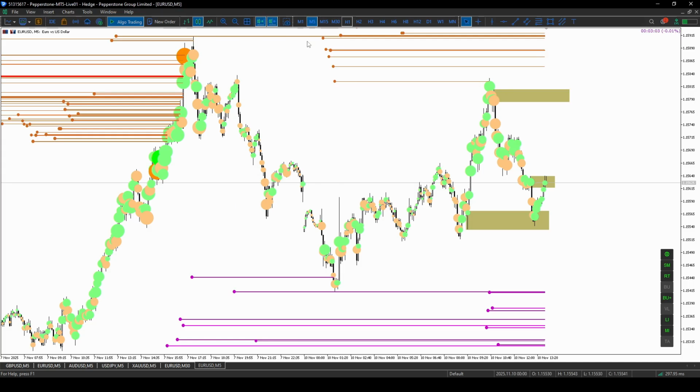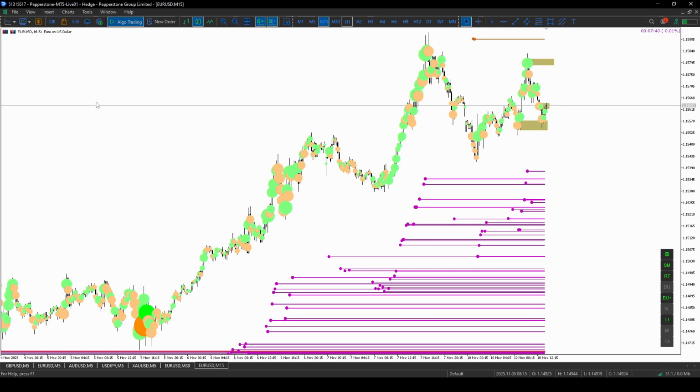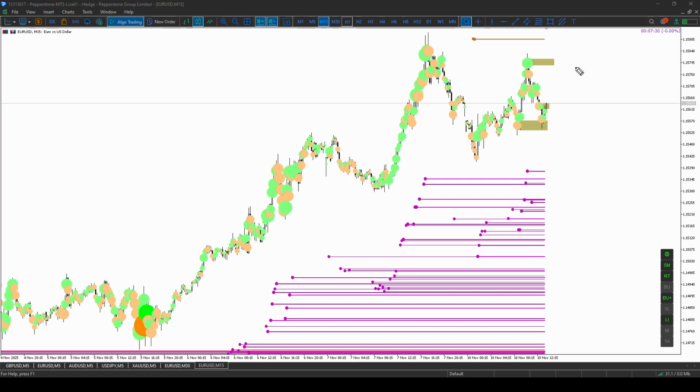So simply, you can clearly see the liquidity, right? If you want to remove the mitigated liquidity levels, just click on the mitigated option and you can remove those levels, and only the unmitigated ones remain.